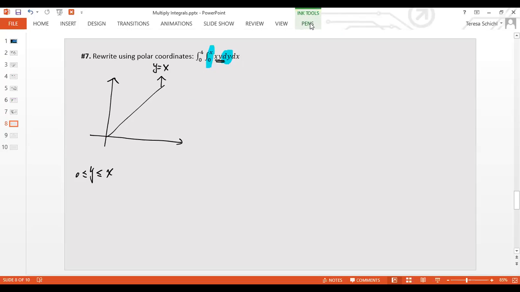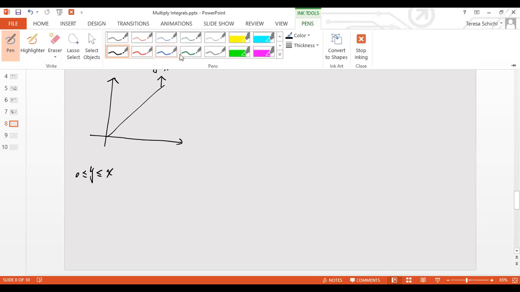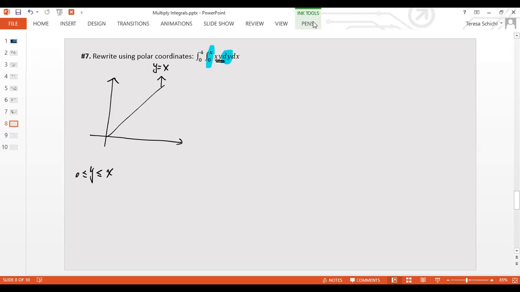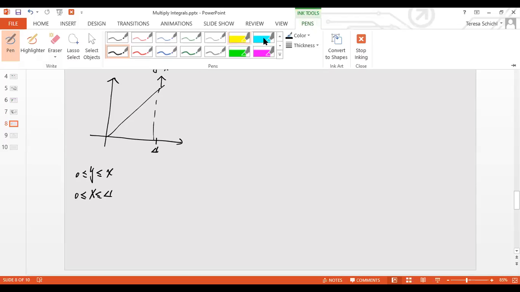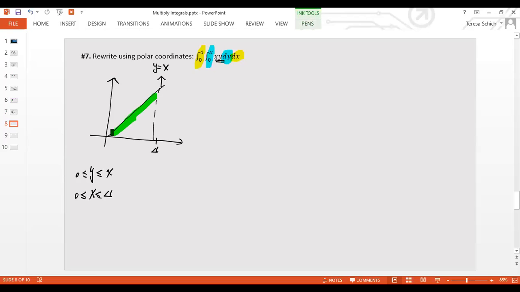And then the x, dx here, is from 0 to 4. That means x is from 0 to 4. So here this is 4, right? I got it. So this is the area I'm integrating in Cartesian.